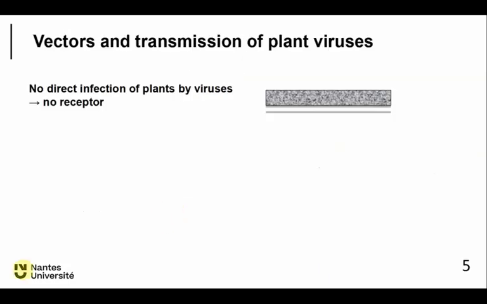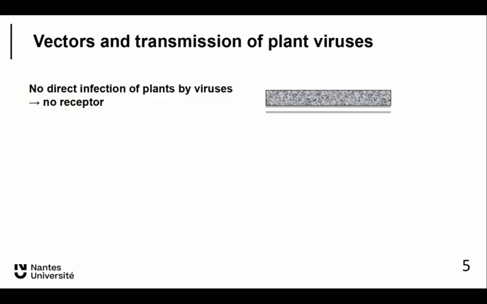So what about these steps that are difficult for plants? The first one is infecting a new plant. And in fact, there's no direct infection of plants by viruses. So there's no specific receptor protein. Everything we talked about for animal viruses, the whole thing starts with a specific interaction between an attachment protein or glycoprotein on the virus and a receptor protein on the host cell.